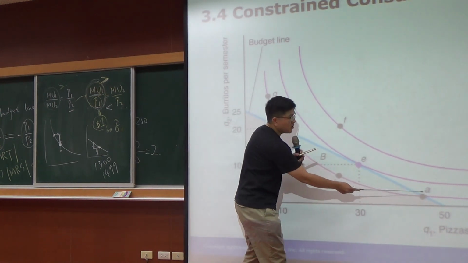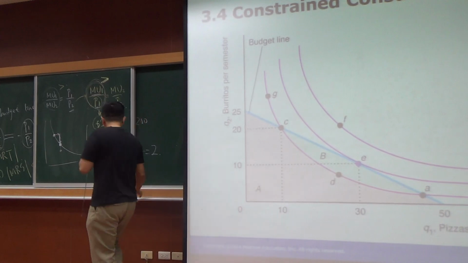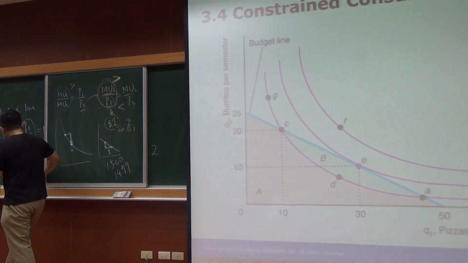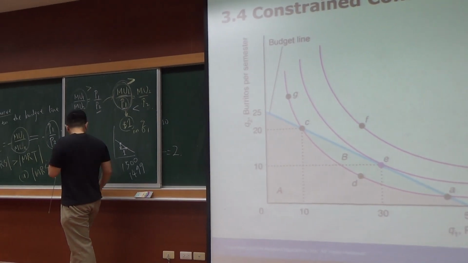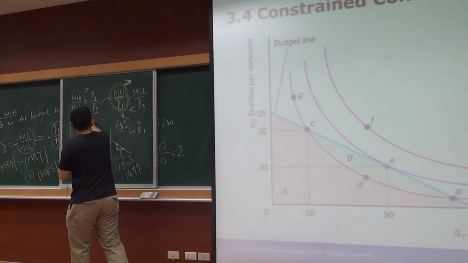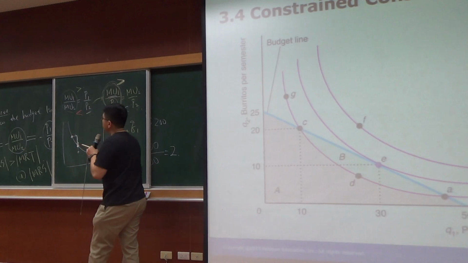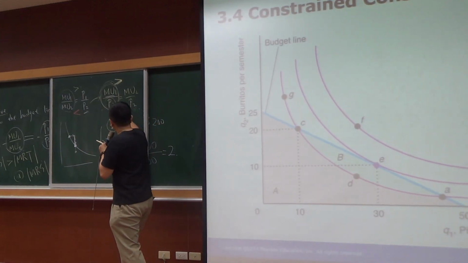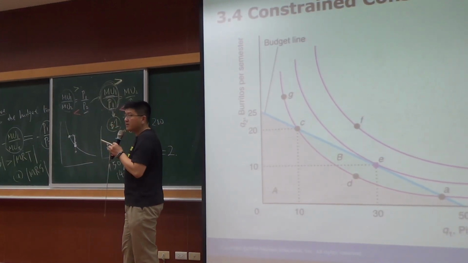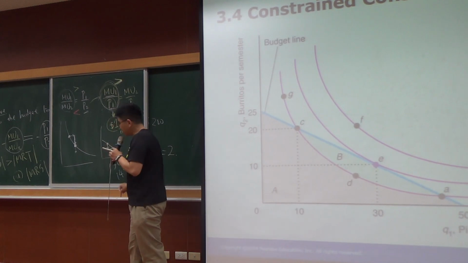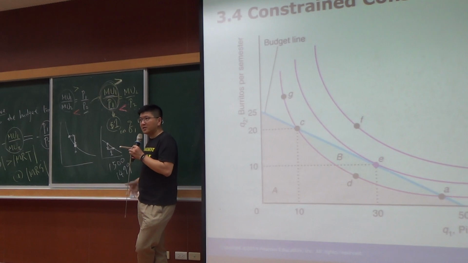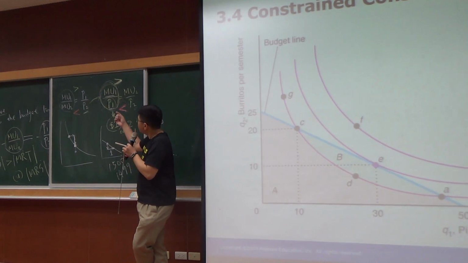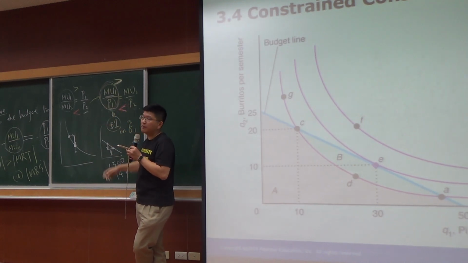And what about point A? Point A, MRS is less than MRT. So for point A, this would be point A, and this would be point A. So this inequality sign just reminds us of something. What? We should not consume that many units of good one.